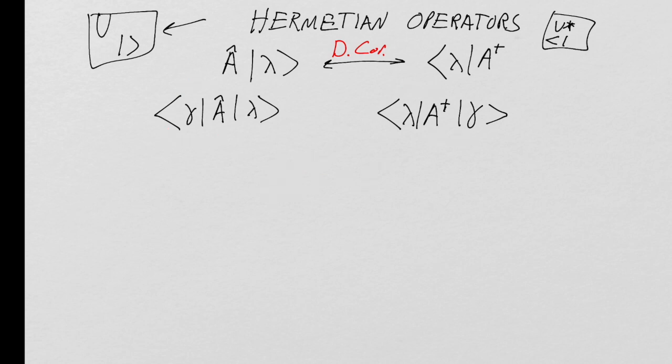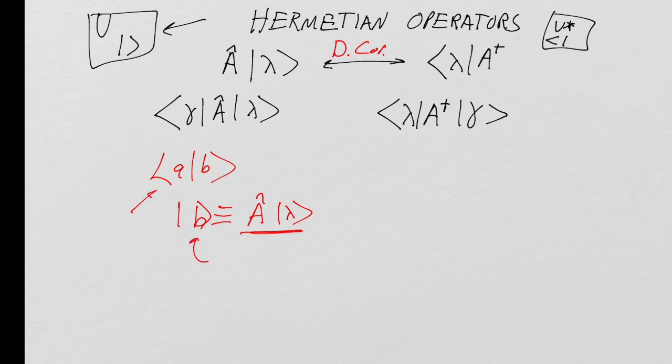The point is that when you see something like this, an operator sandwiched between a bra and a Ket, it's still just, in the end, an inner product of a single bra with a single Ket. It just so happens that the Ket has been defined as A hat lambda. This is a transformed Ket, so it's got some name. Let's call it B, and now you're back into this territory.